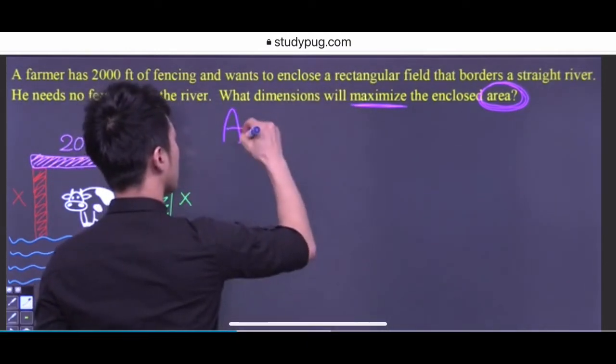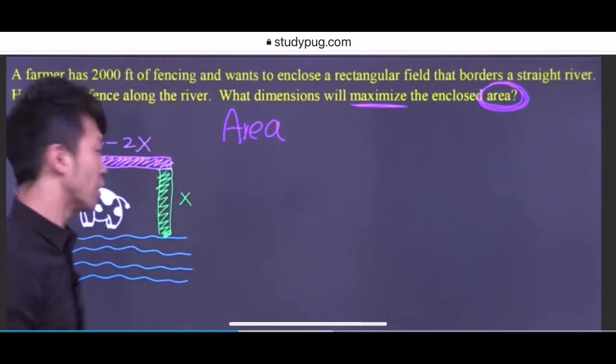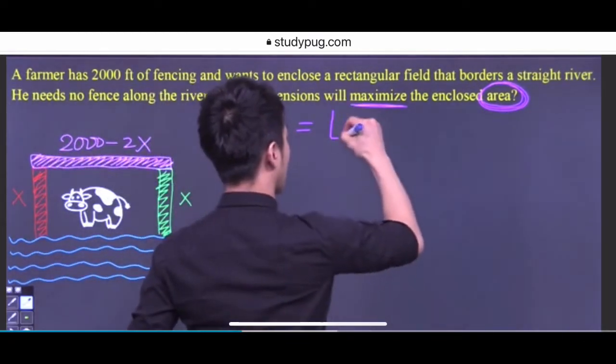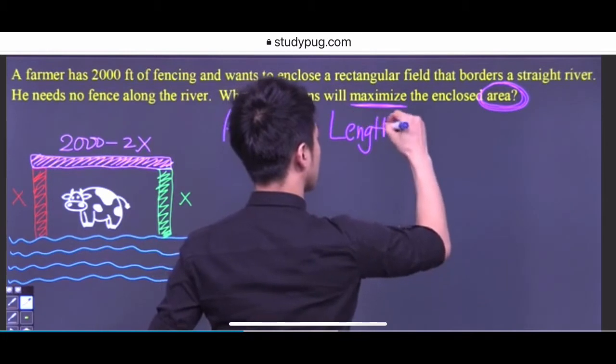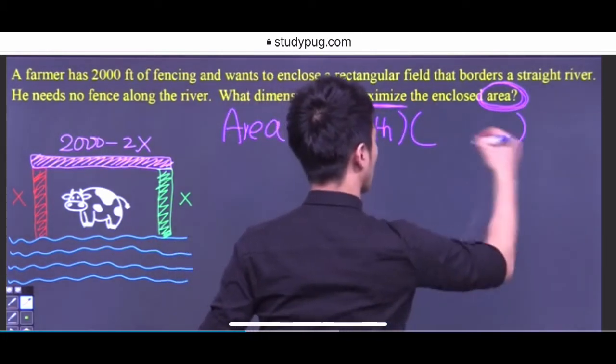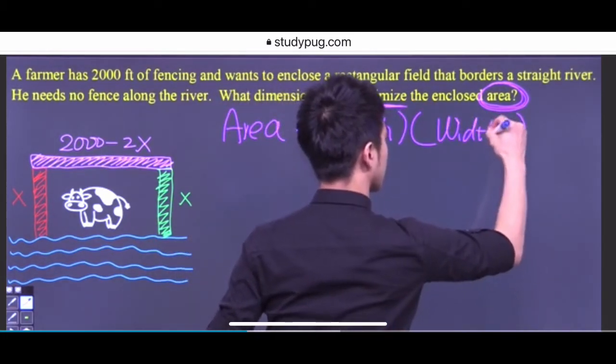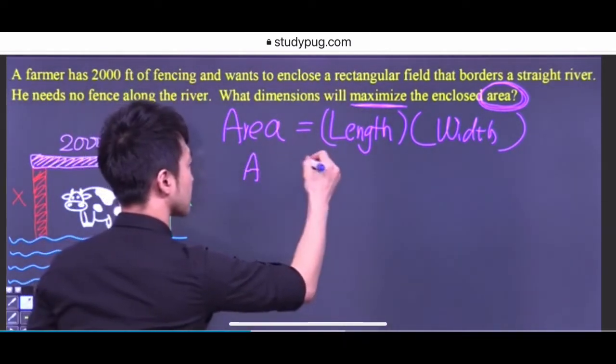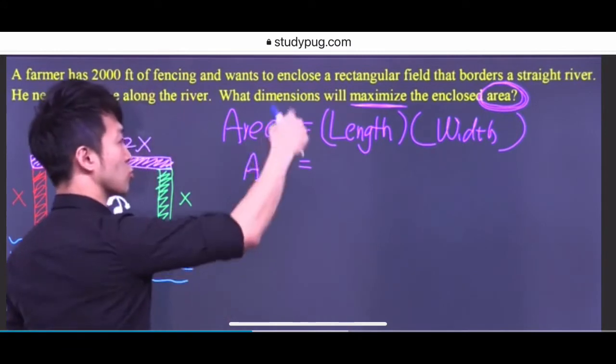So the area of a rectangle is equal to length times width, right? So in this case, let's use A to represent area.